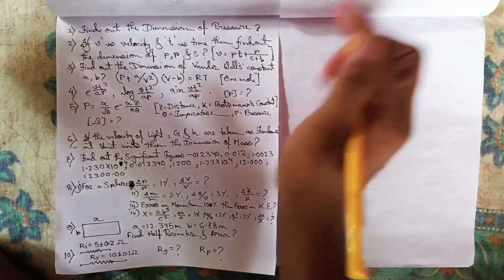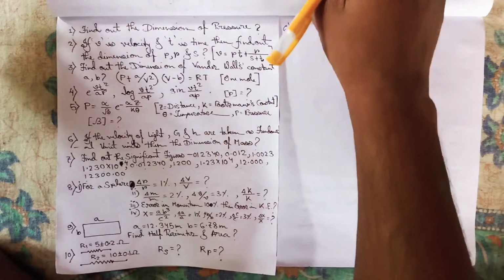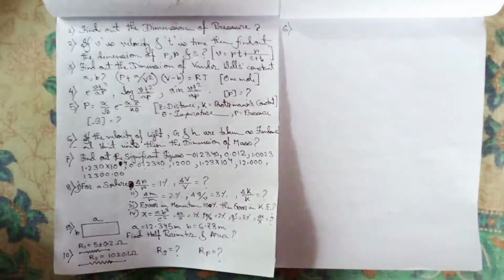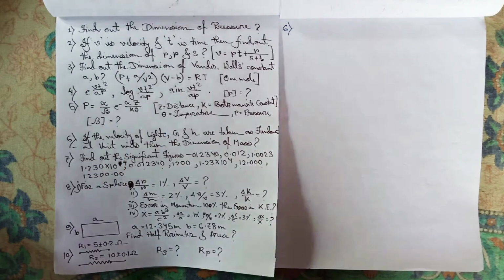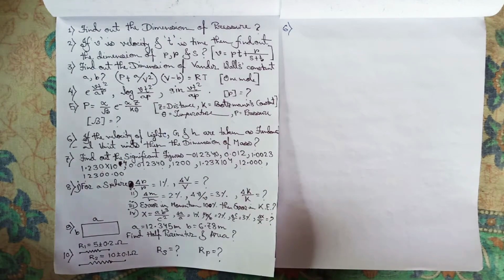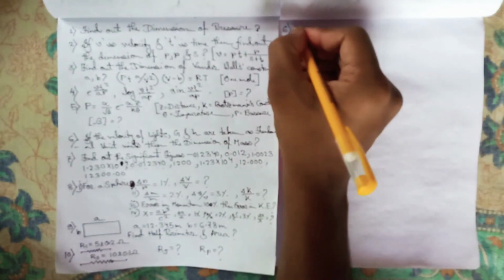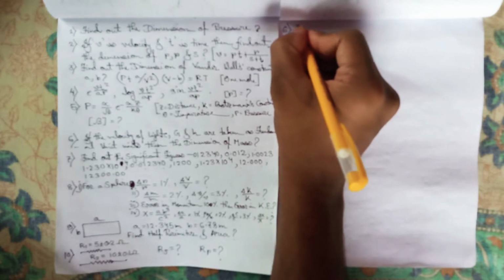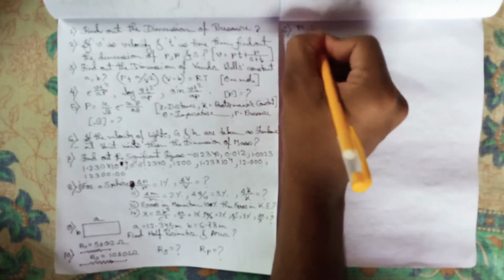Now let's move on to the next part. 6. If the velocity of light c, g and h are taken as fundamental units, then the dimension of mass. So here we will do a back calculation. How? We know the fundamental units are m, l and t.